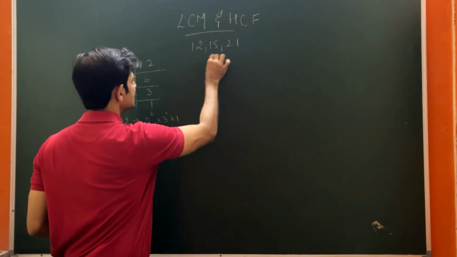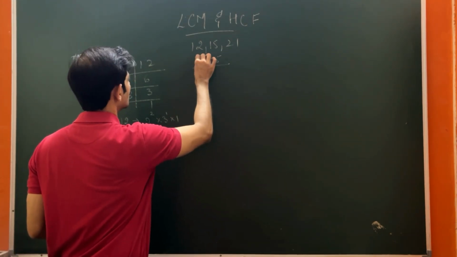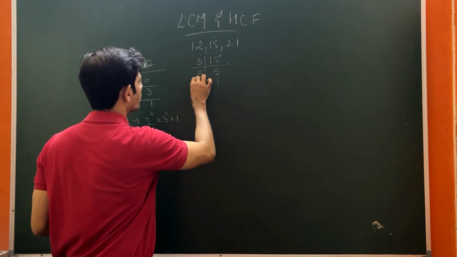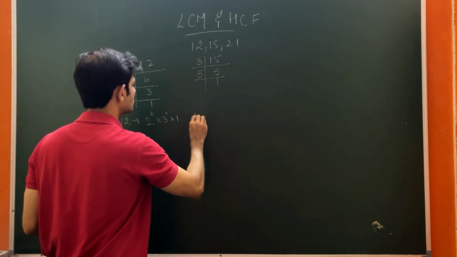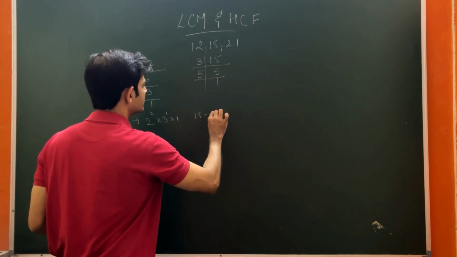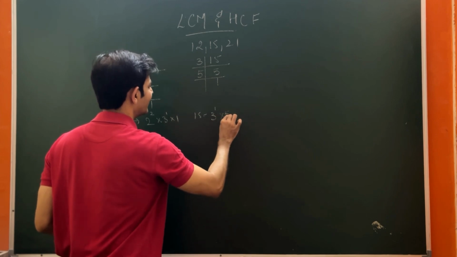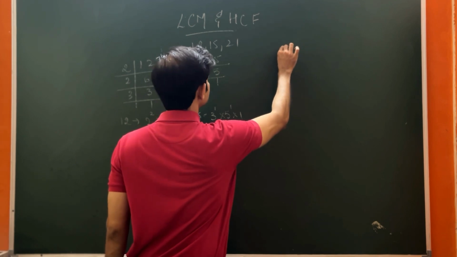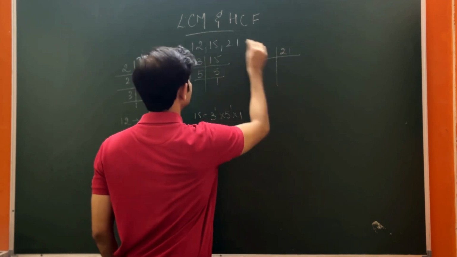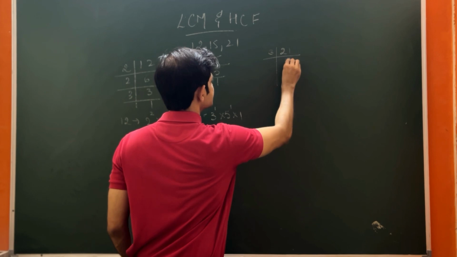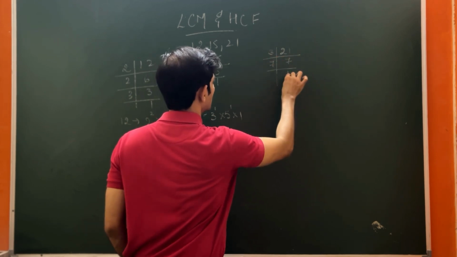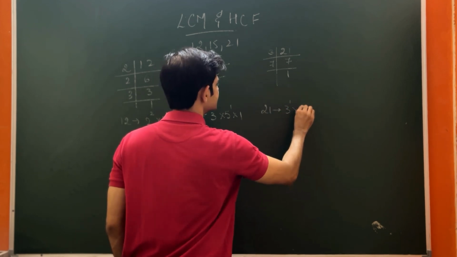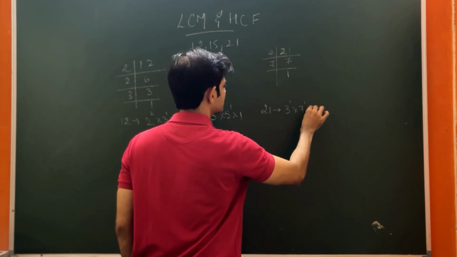Similarly, 15 is 3, 5, 5, 1, so we will write 15 as 3 to the power 1, 5 to the power 1 into 1. Then comes 21. 21 is 3, 7, 7, 1, so 21 is 3 to the power 1, 7 to the power 1 into 1.